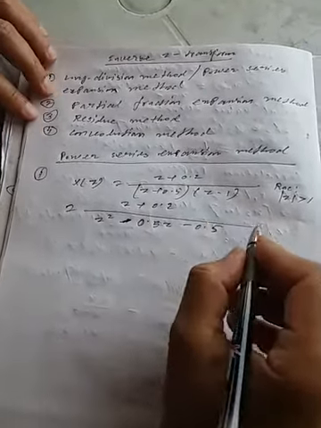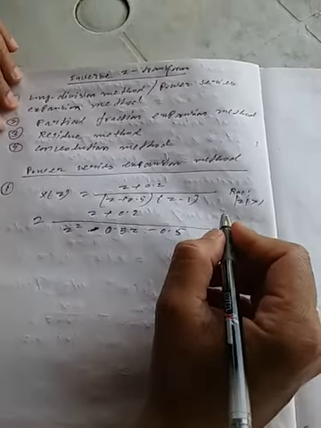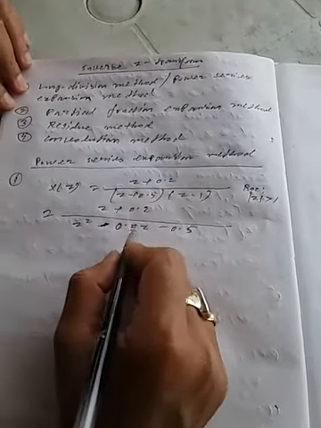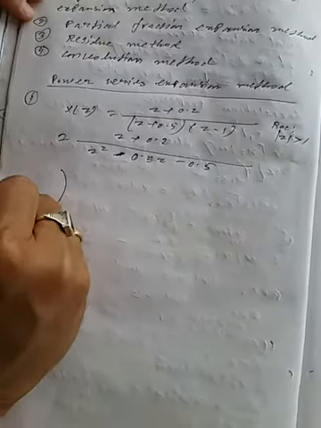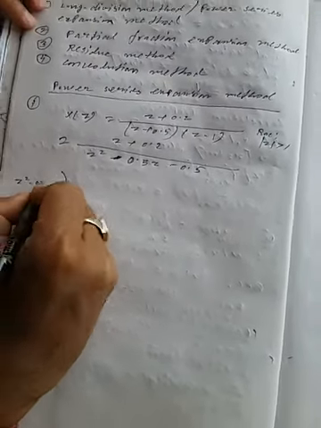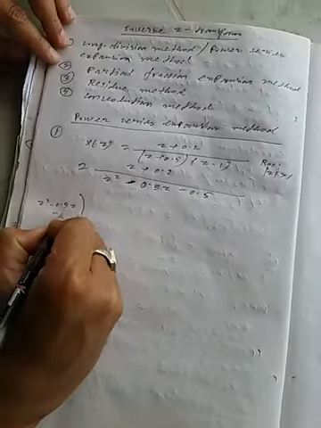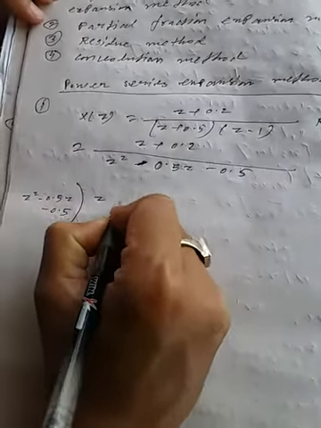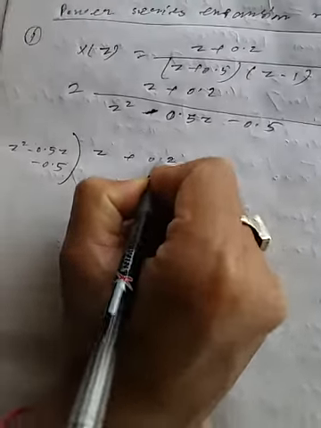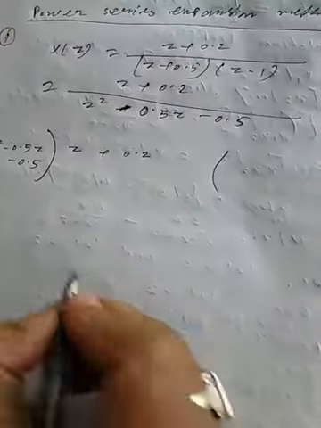So this will be the multiplication. Now you have to divide the numerator portion by the denominator, right? So this is z square minus 0.5 z minus 0.5, and here is z plus 0.2.